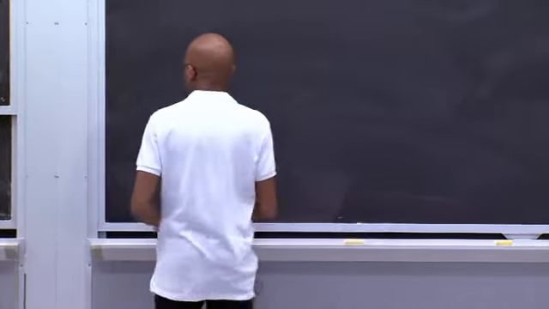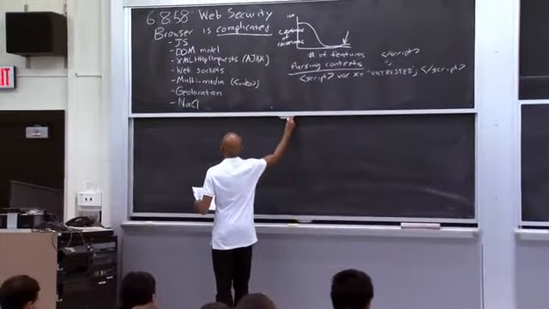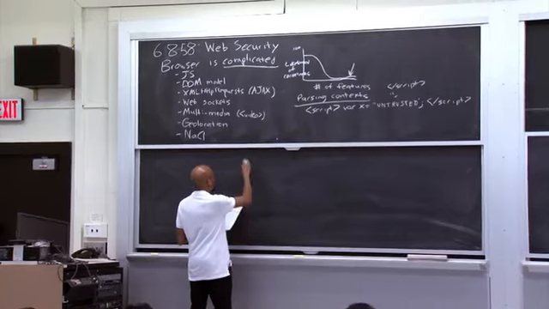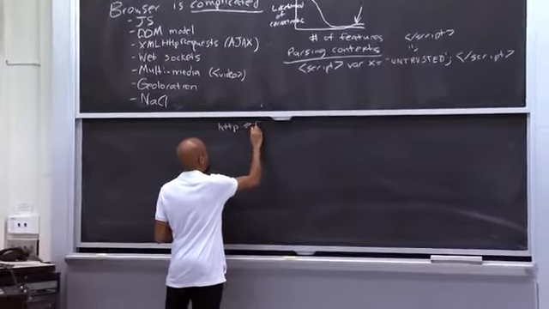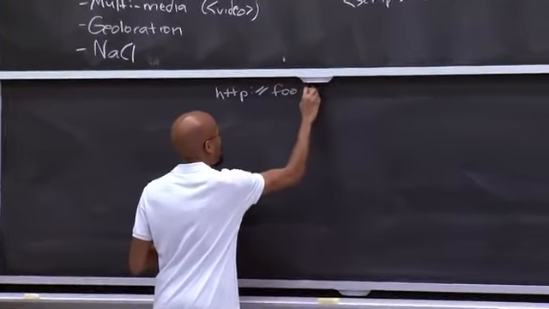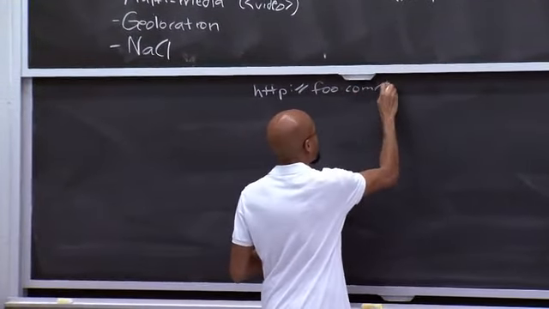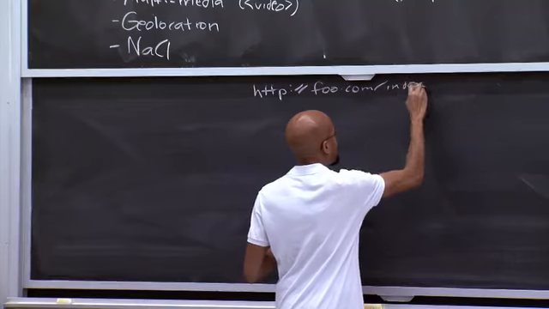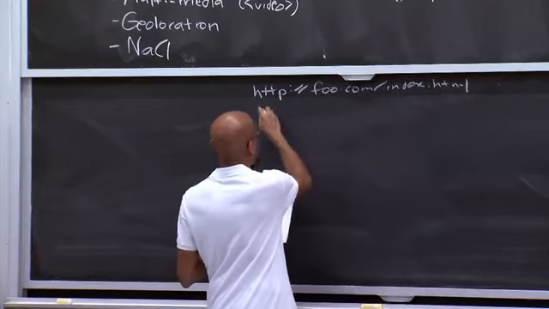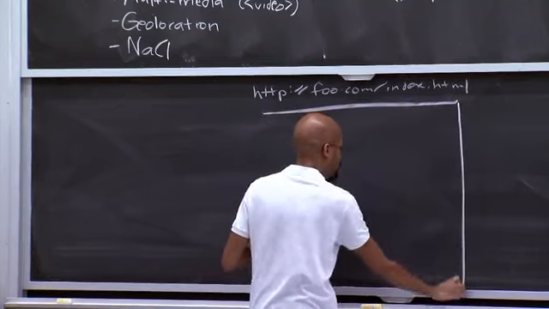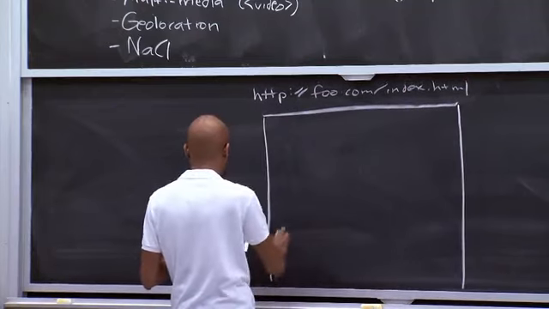So let's just look at a very simple example here. Let's say that we were looking at the following site. So HTTP foo.com, and we're just looking at index.html. So you look at your browser tab, what might you see?